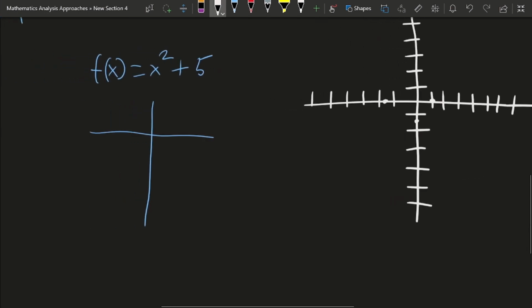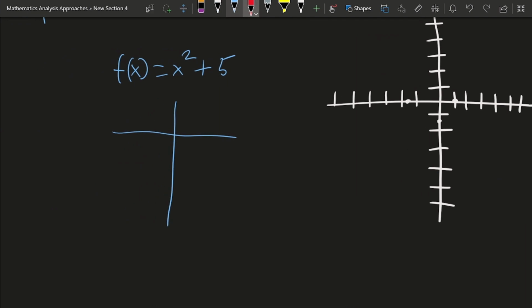Okay, let's go. Again, x and y. So by now we understood that y is the return value. So let's start with plugging in -1 into our x. -1 squared, that's 1, because -1 times -1, that's 1, right?